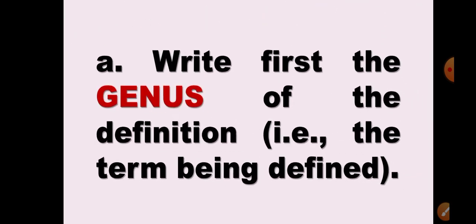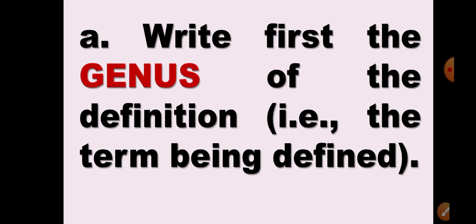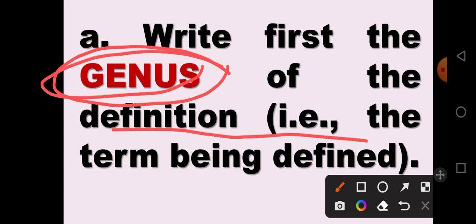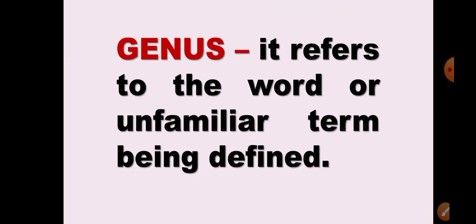The genus is the first part of the sentence definition. In writing the definition of terms using a sentence definition, we must first indicate the genus of the definition. The genus is the term being defined in a sentence definition. Again, the genus refers to the word or the unfamiliar term being defined in a sentence definition.